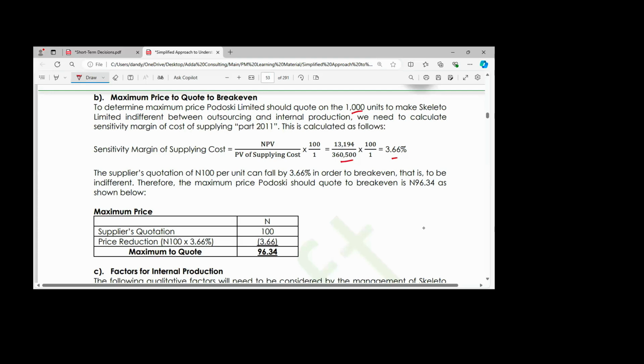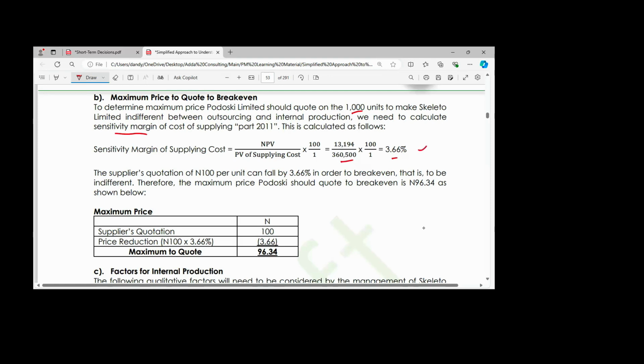So that's the implication. Let me just read through. To determine the maximum price KK Limited should quote on the 1,000 units to make DG Limited indifferent between outsourcing and internal production, we need to calculate the sensitivity margin of the cost of supplying. This is calculated as follows.